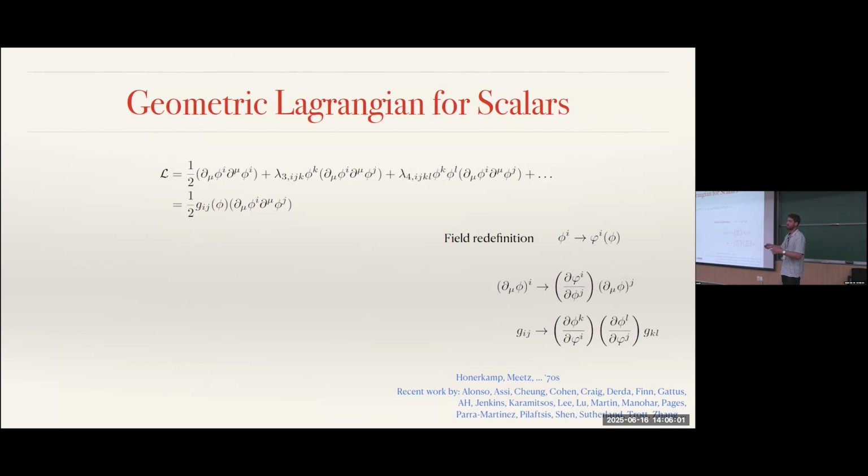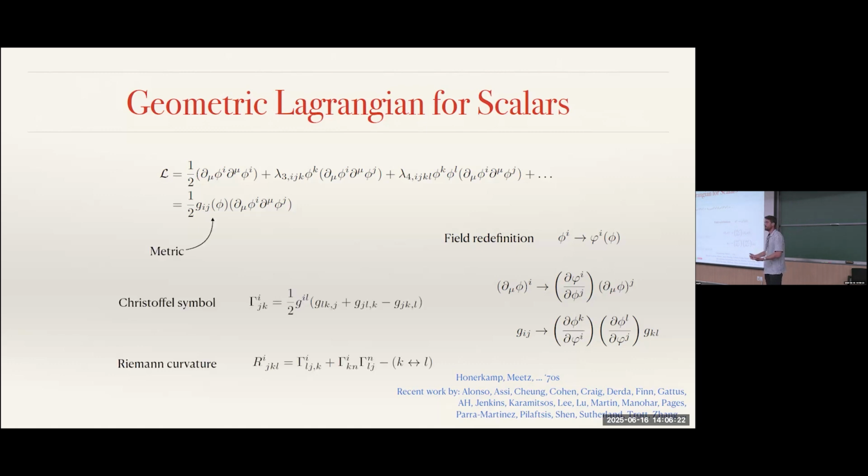And this field redefinition mirrors coordinate transformation in GR. Now, the terms we have in the Lagrangian, the derivative and G_ij, they transform appropriately under these field redefinitions. And now you can see that this G_ij has the transformation properties of a two-index tensor, which we then interpret as our metric in field space.